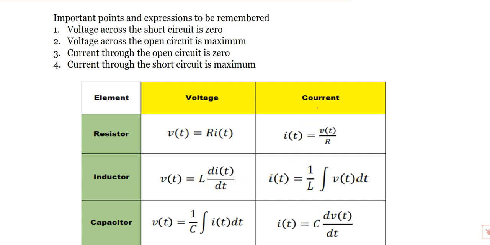And observe here the current and voltage relation in inductor and capacitor. For an inductor, voltage V of t is equal to L into di by dt. For a capacitor, I of t is equal to C into dV by dt.